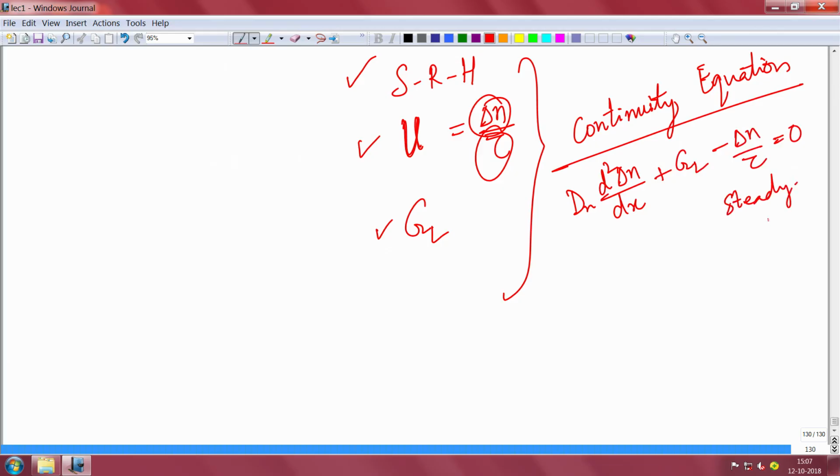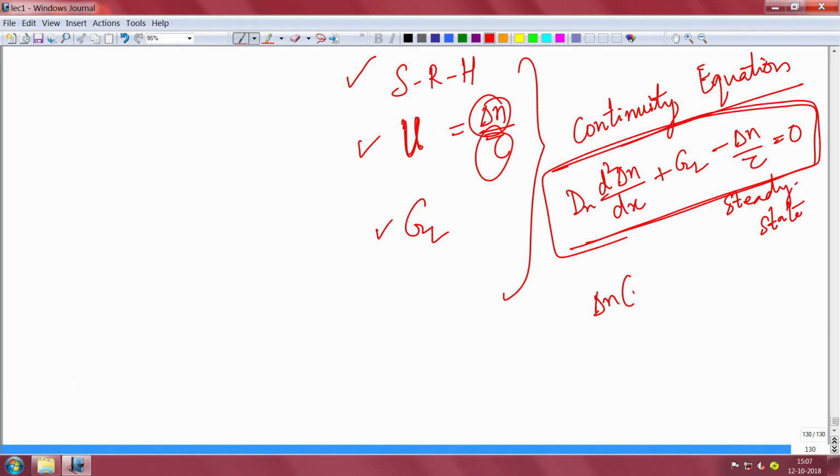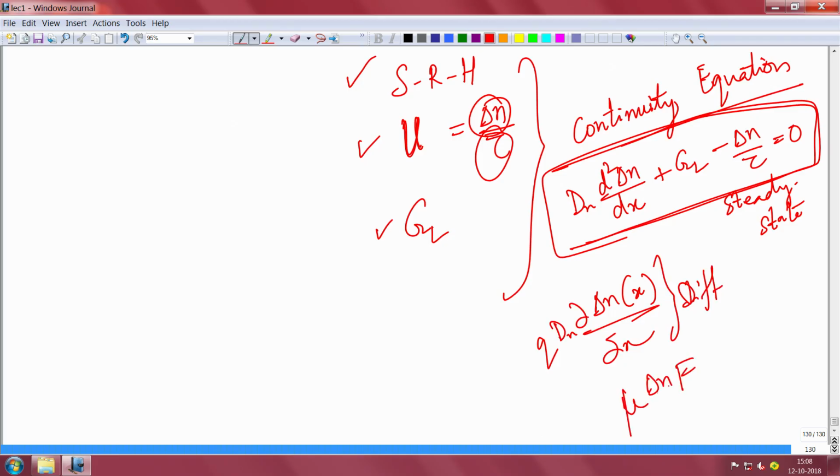Similarly for holes you will get this for p type, and this is without consideration of field. In any case you can always solve this equation to get the carrier profile delta n. Once you get delta n, you can take q D times d of this, and you will get the diffusion current. And not only that, if you multiply delta n by mu times field times q, you can also get the drift current. So, both drift and diffusion current will come out. That is why we need to solve this equation.